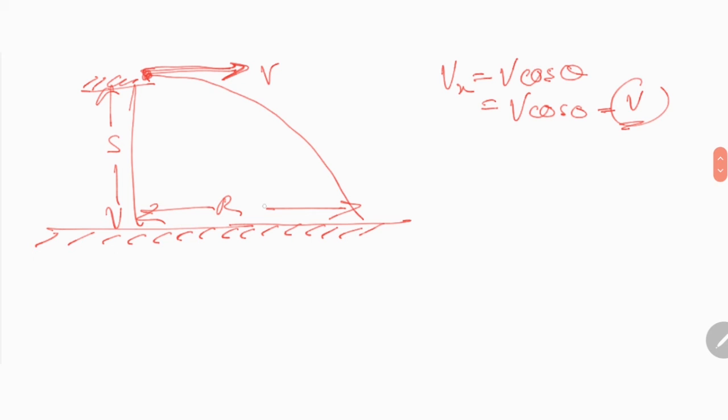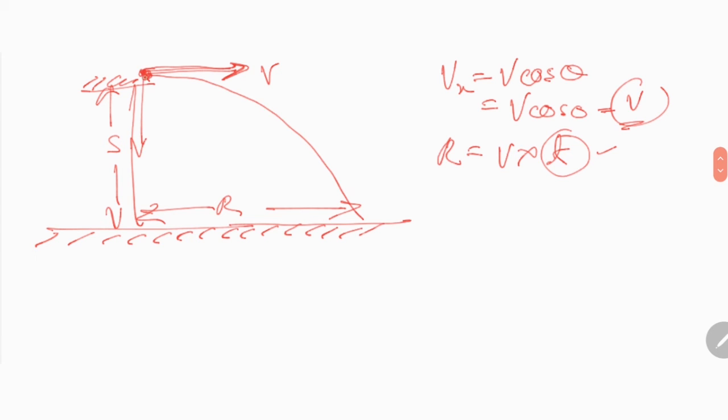Now, of course, again, to find out the range, we need V into T, and T is something we don't know. But again, how can we calculate T? By simply taking the component of this particular ball along this component.